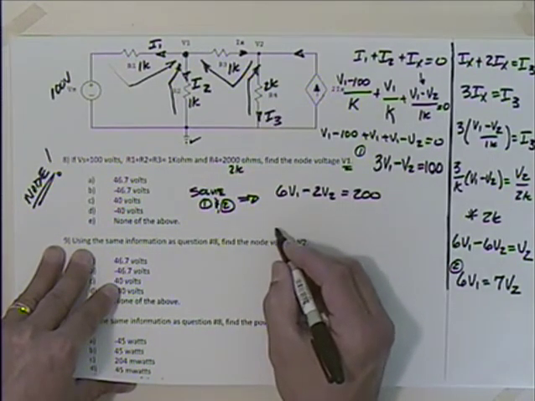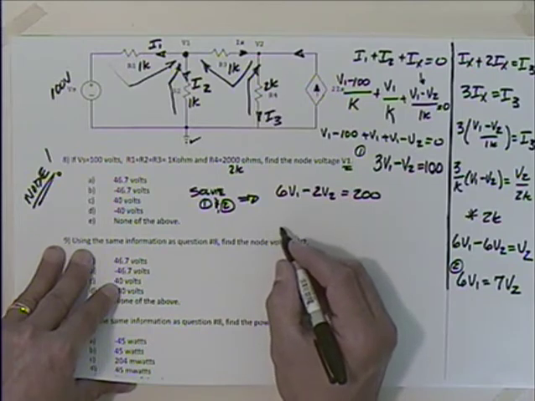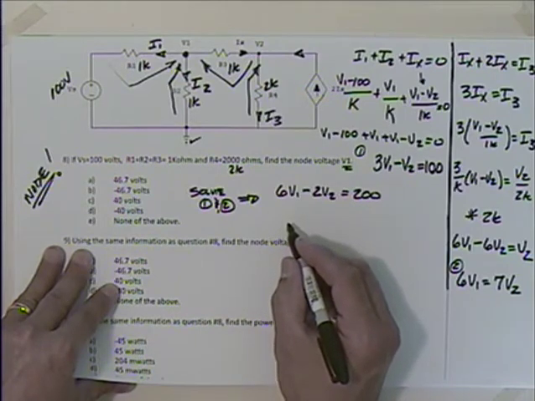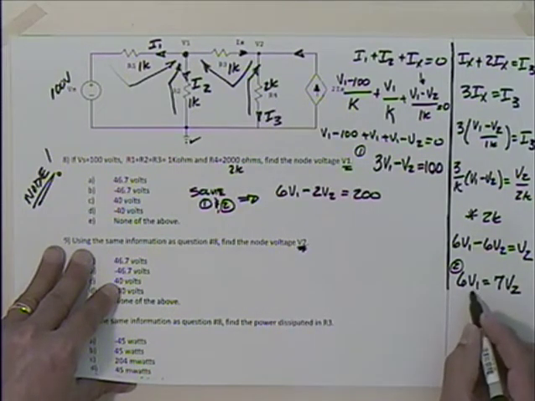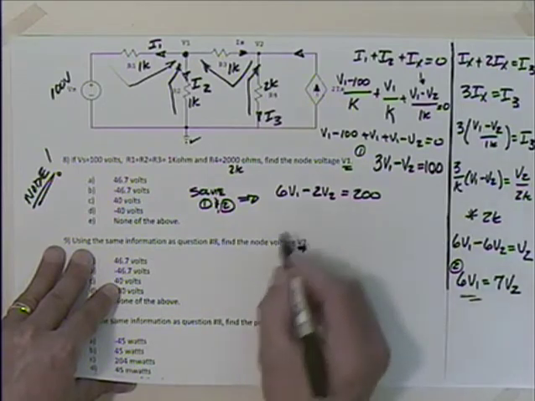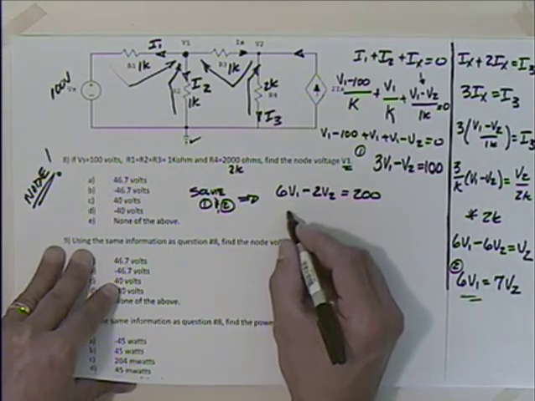And maybe let's see, I'll say that I have 6V1. Do I know what 6V1 is? Yeah. 6V1 is 7V2.